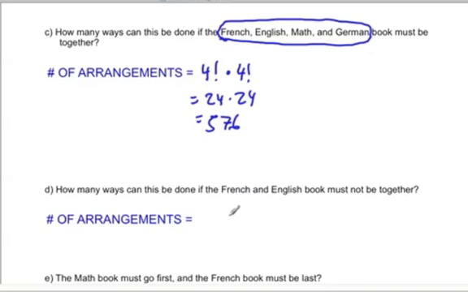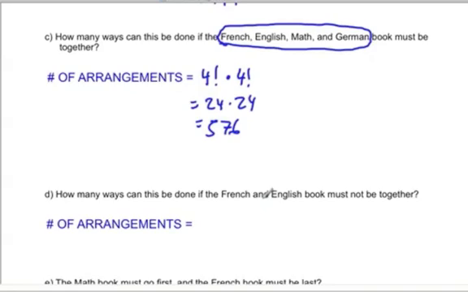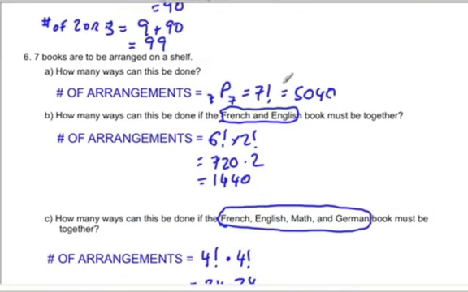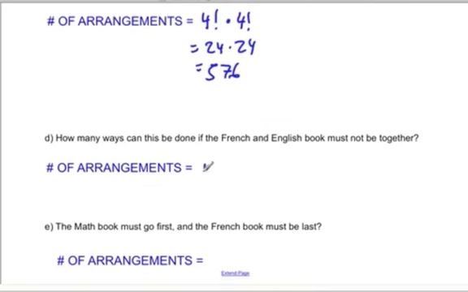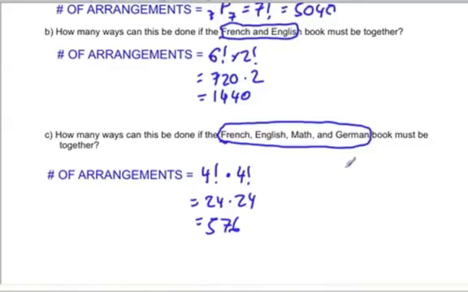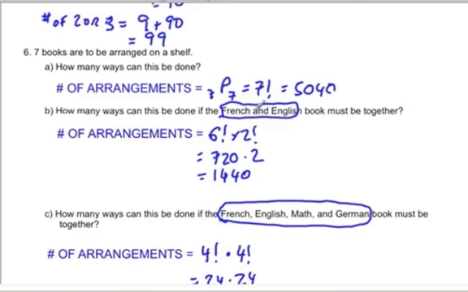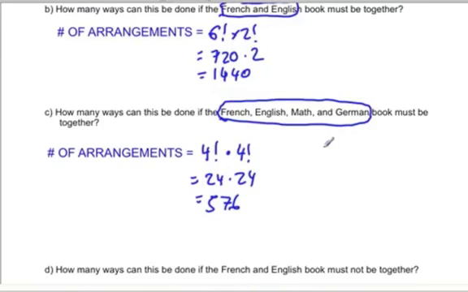Now, if we want to know how many ways can this be done if the French and the English book must not be together, well, we calculated the total number of arrangements in part A. And in part B, up here, we found the number of ways we could arrange the French and the English book together. So the way we can do this is using the indirect method.